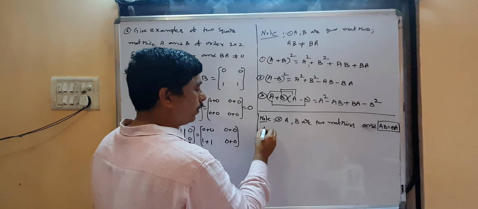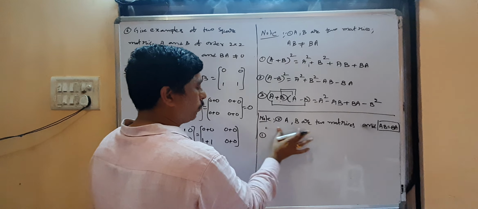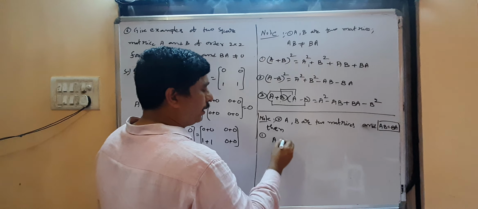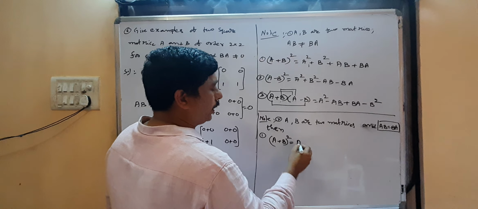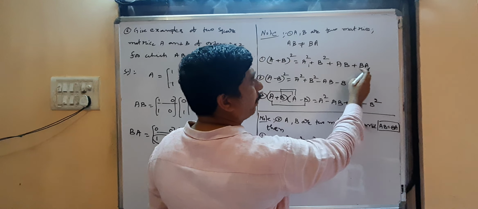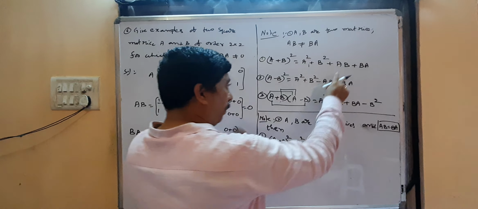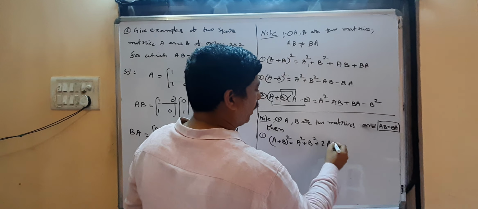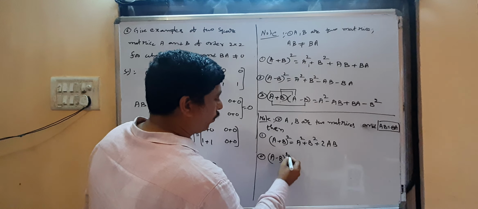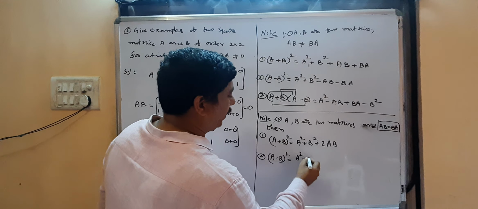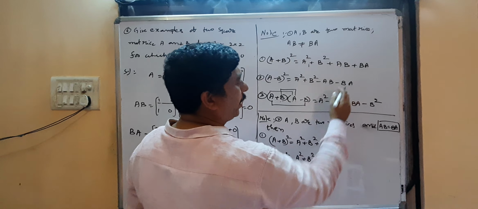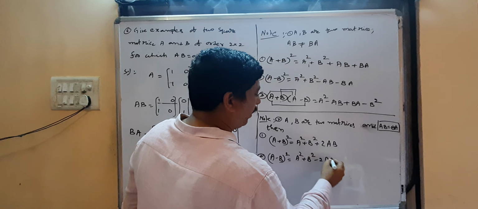Then first, A plus B whole square is A square plus B square plus BA plus AB. Since AB equals BA, in place of BA you can take AB, so AB plus AB, we get 2AB. Second, A minus B whole square is A square plus B square, and in place of BA you take AB, minus AB minus AB, so minus 2AB.